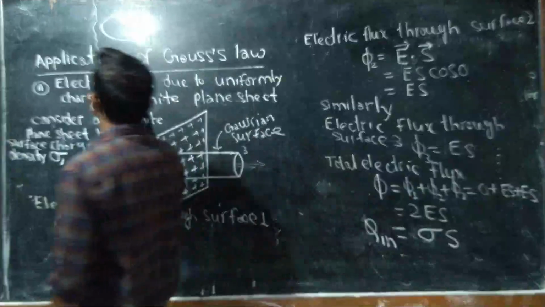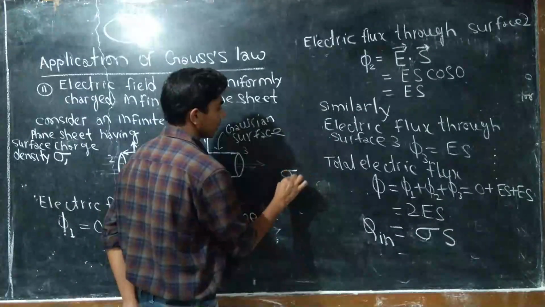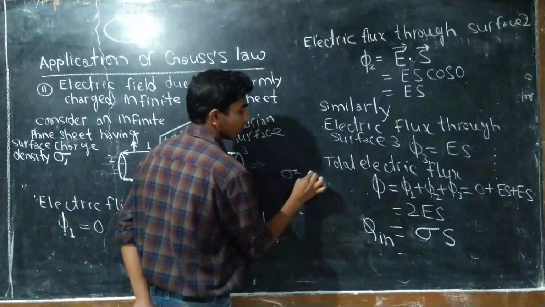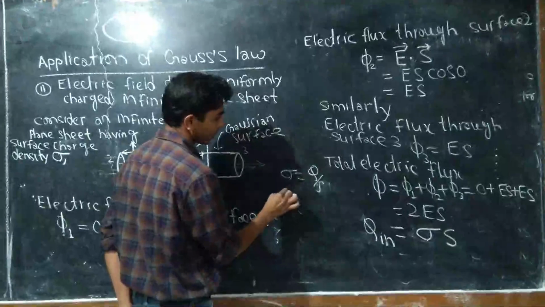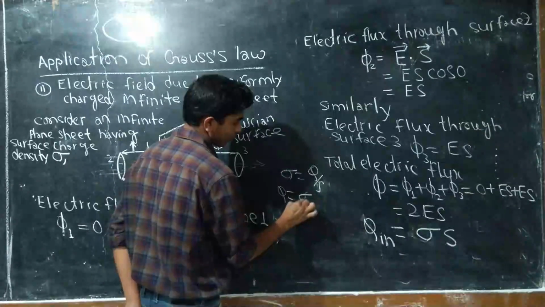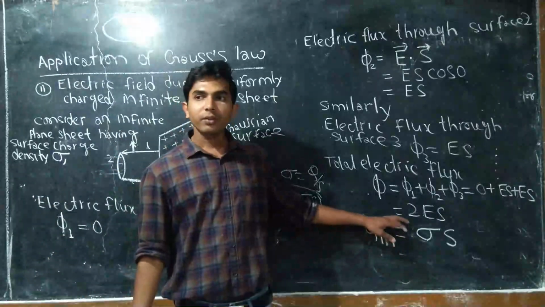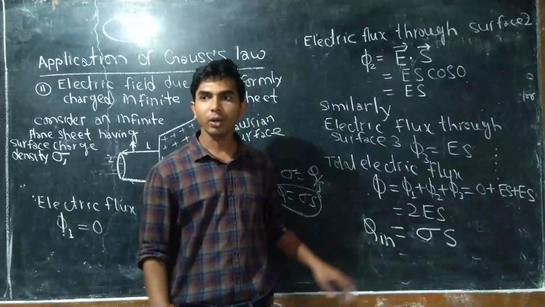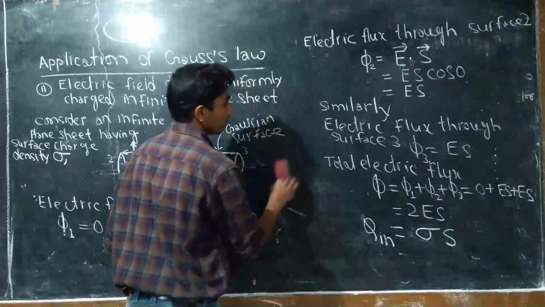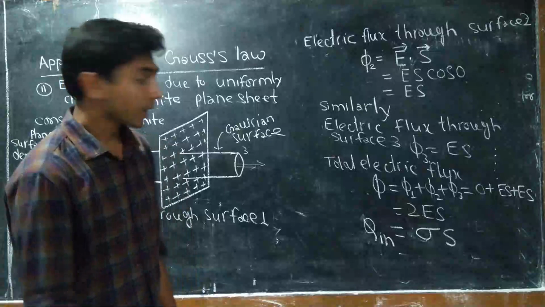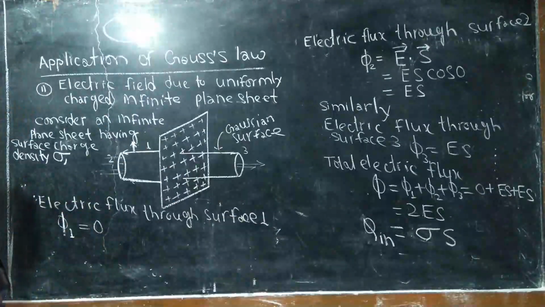You know the surface charge density is sigma, and sigma is equal to Q by S. So similarly we can write Q is equal to sigma into S. Now you can see the total flux is known and Q inside is known, so with the help of Gauss law, we are able to calculate the electric field. Just note it down.